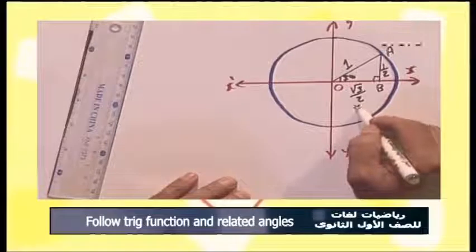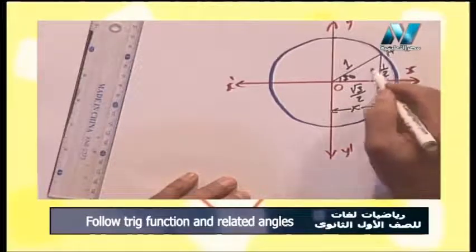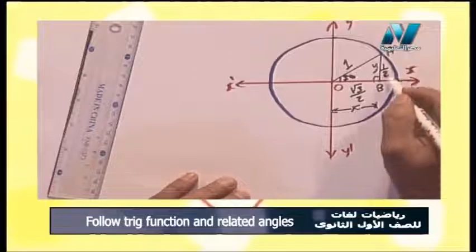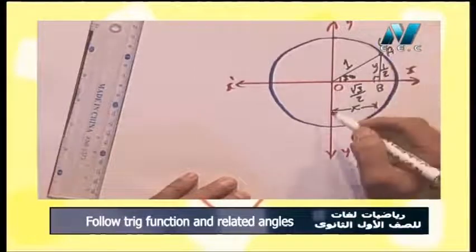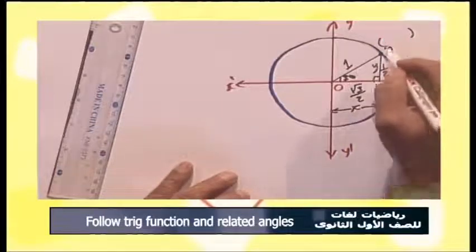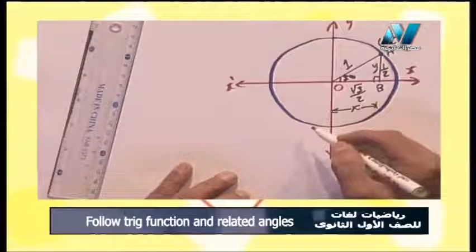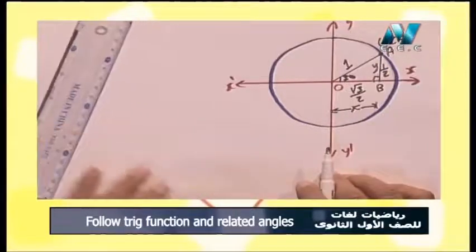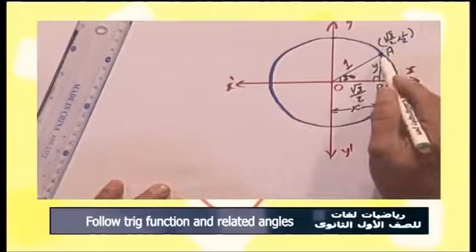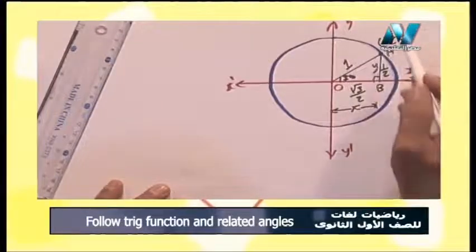So x here will be root 3 over 2, y here equals half. So this point we can easily deduce is root 3 over 2 and half. So the coordinates of the angle 30 here are root 3 over 2 and half.